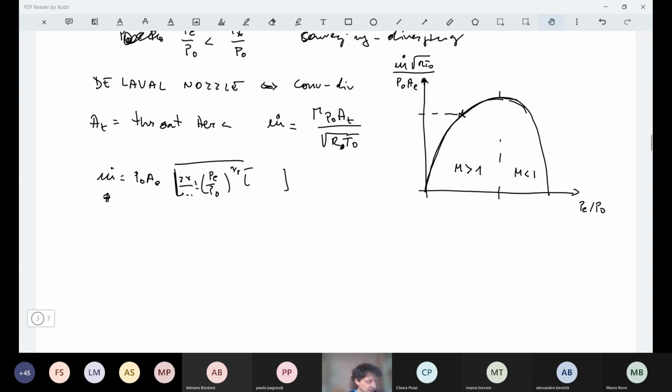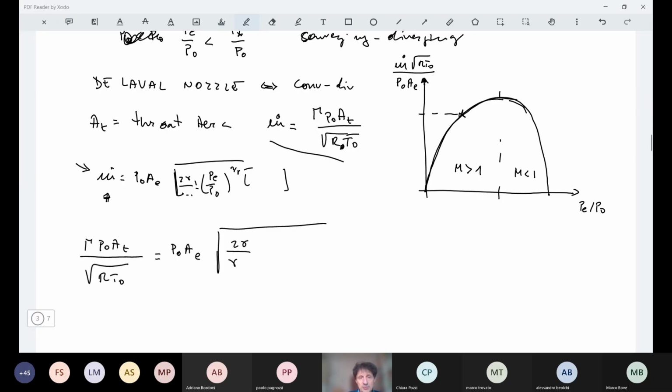So now let's exploit this relation within the Saint-Venant expression. We have that gamma P0 AT over square root of RT0 is equal to P0 AE square root of 2 gamma over gamma minus 1 over RT0, times PE over P0 to the 2 over gamma, times 1 minus PE over P0 to the gamma minus 1 over gamma.